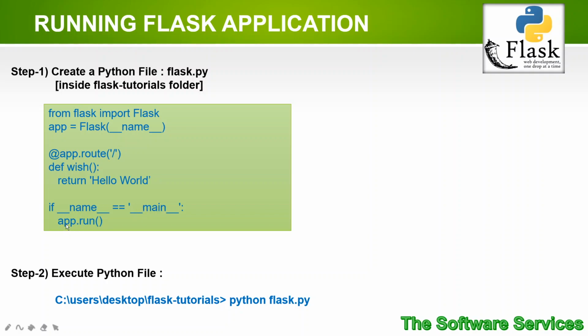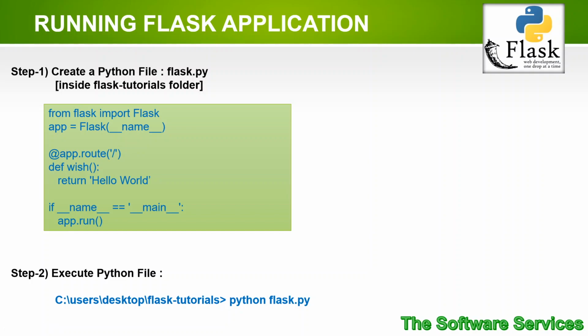Without this condition it will also work, but we are giving this to force the execution to run the application only when the file is executing by itself. After running this application, the development server will start, friends.